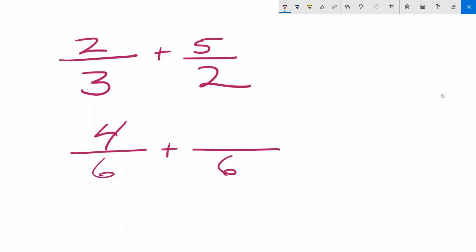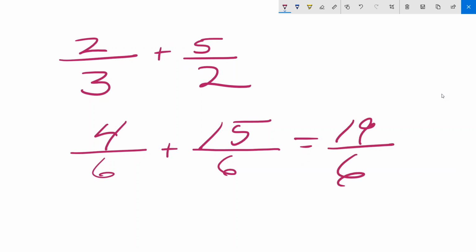Take your answer, multiply it by the numerator. 15. Now add those two fractions. 19. 6. Excellent. Very good, Jackson. All right. Let's keep practicing that. I'm going to make it a little bit harder.